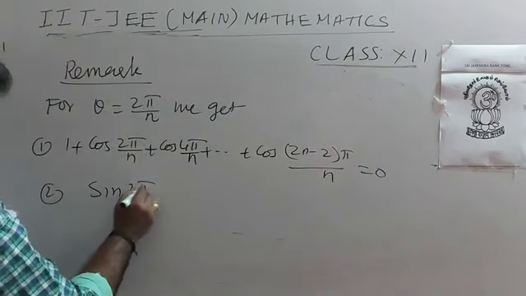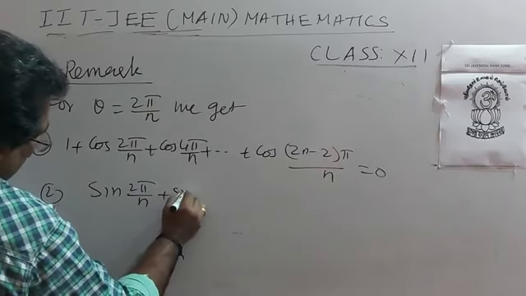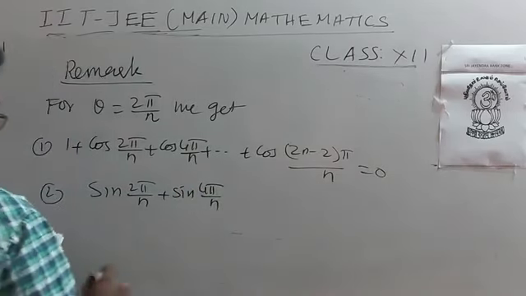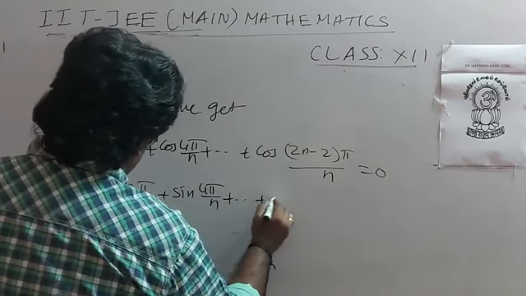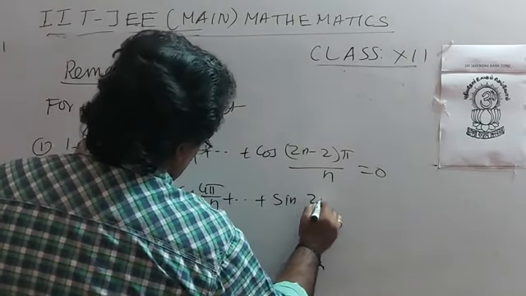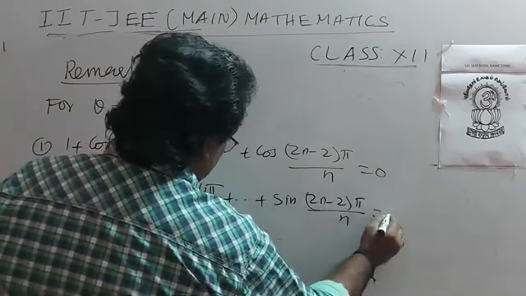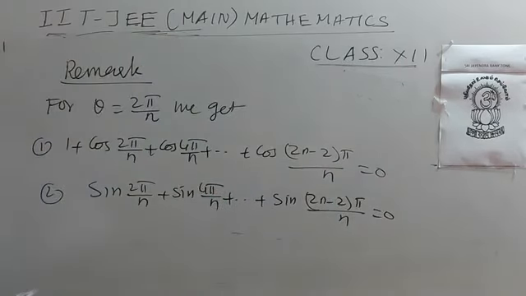Similarly, sin 2 pi by n plus sin 4 pi by n plus etc. plus sin 2n minus 2 into pi by n equal to 0.